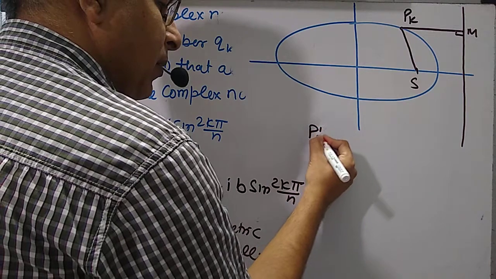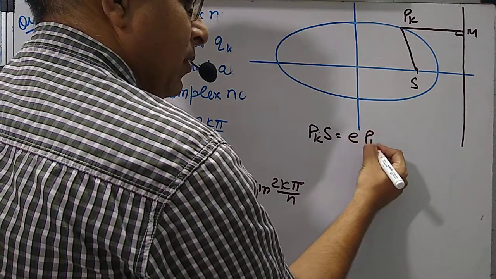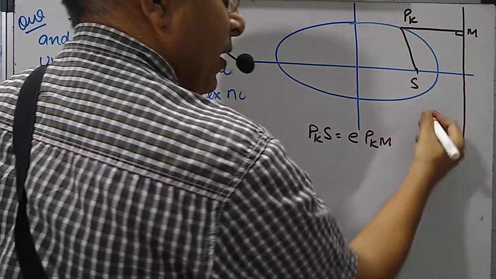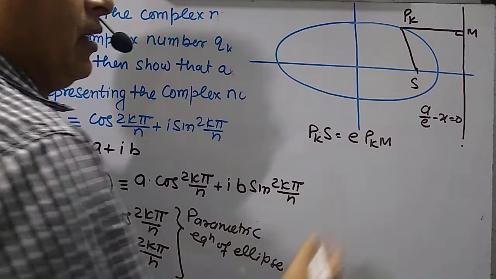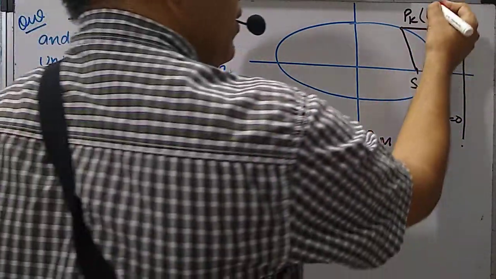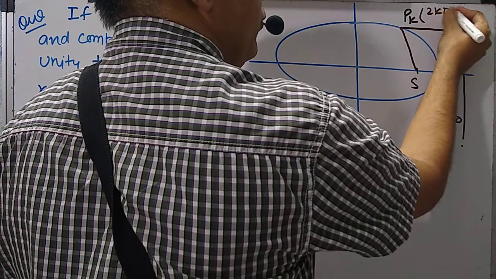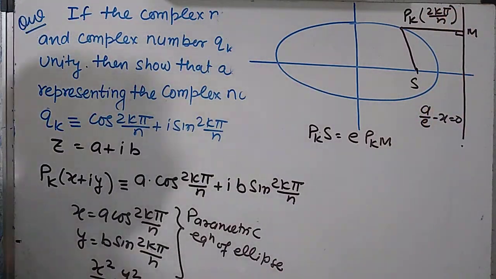So we have to write pks equal to e times pkm, and the equation of the directrix is a upon e minus x equal to 0, and pk has coordinates in the parametric form 2k pi divided by n. So we are getting the coordinates of pk in parametric form 2k pi upon n.